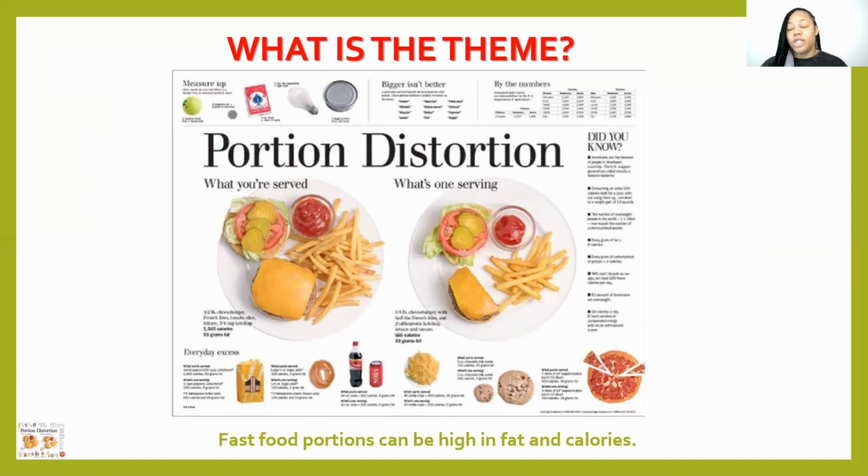With this, let me share a few more facts with you if you want to write these down. First, every gram of fat is equal to 9 calories. I'll say that again: every gram of fat is equal to 9 calories. Number 2, every gram of carbohydrate is equal to 4 calories.